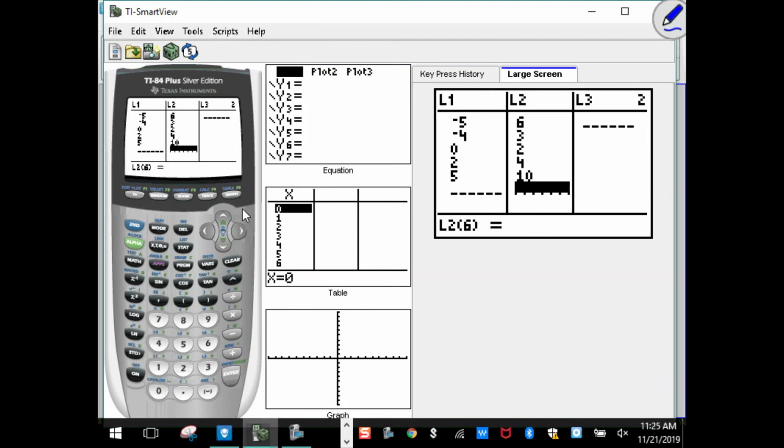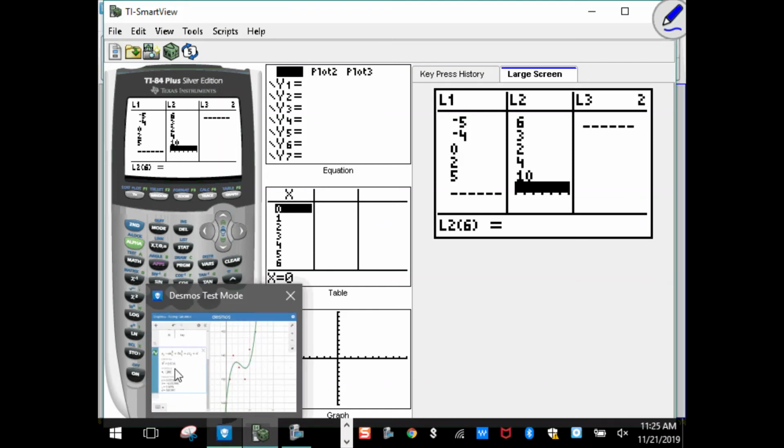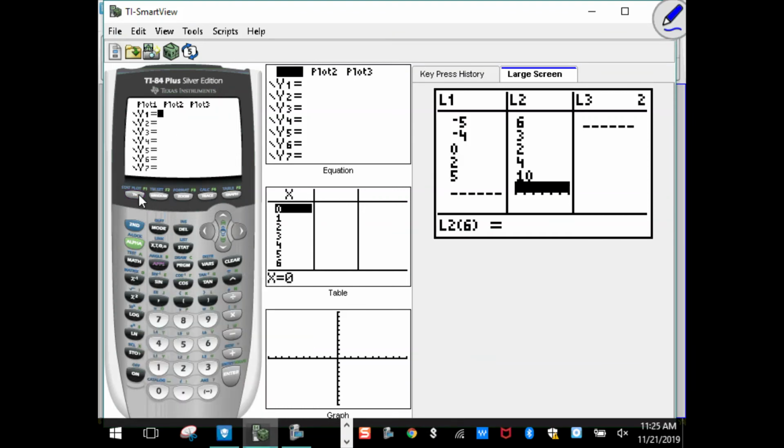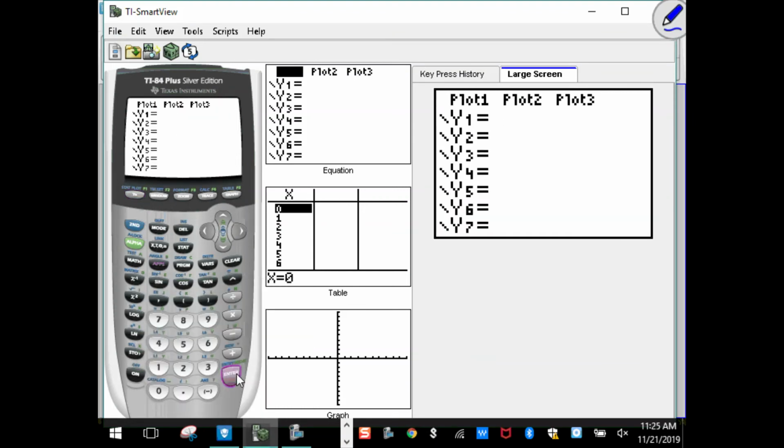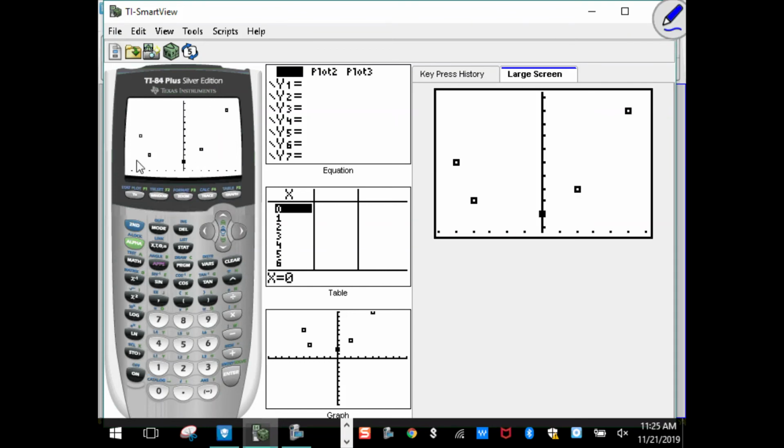So if you're still curious about how to see what the points look like in your graphing calculator, again, it's a lot easier in Desmos because it will show you the graph as you're entering the points. On the calculator, remember you turn on plot 1, then you hit zoom 9 and it'll show you the points. So this one is another quadratic function.